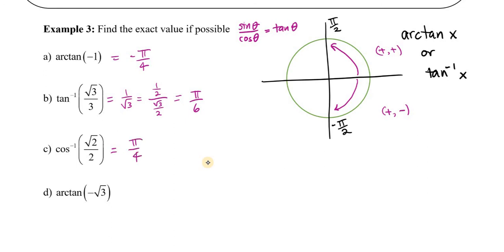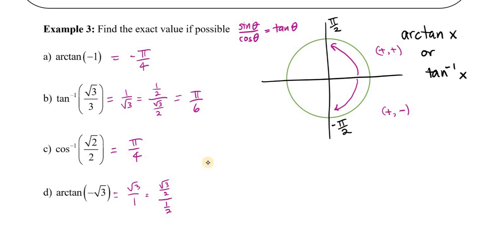And then example D, the arctangent of negative root 3. So working backwards, this is the same as root 3 over 1. That would be the same as root 3 over 2 over 1/2, but it's negative, right? So we know that we're talking about something in the fourth quadrant here.